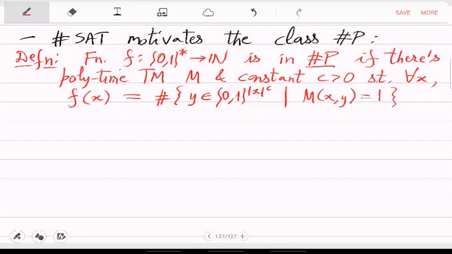So it is counting how many y's there are that satisfy this verifier M's computation.